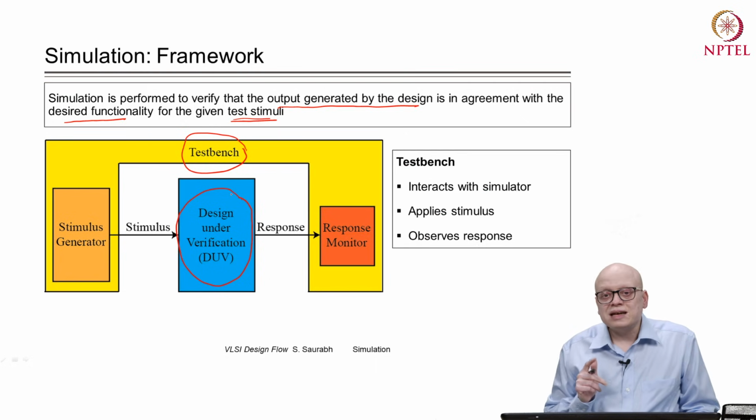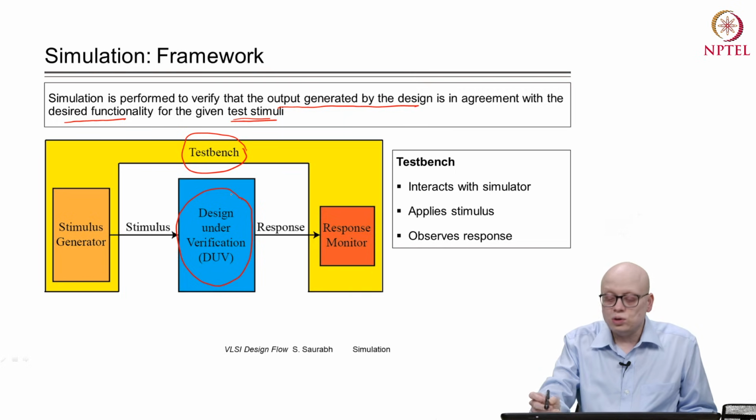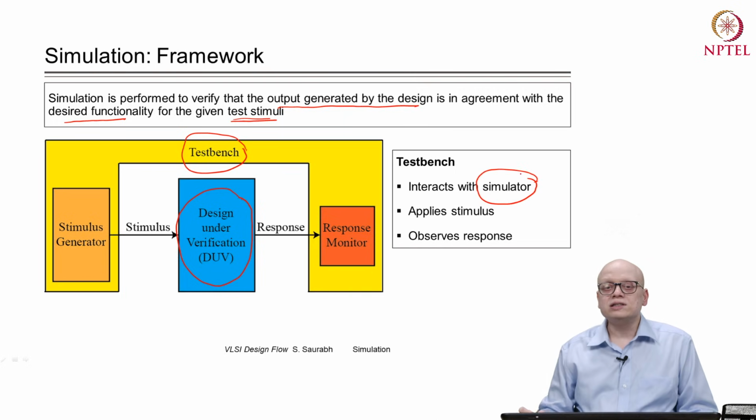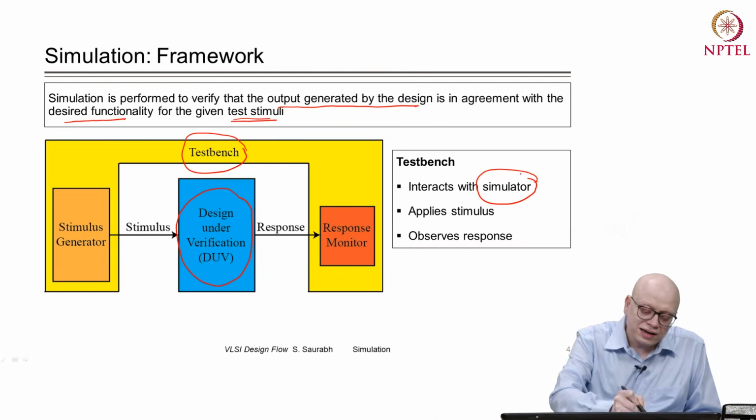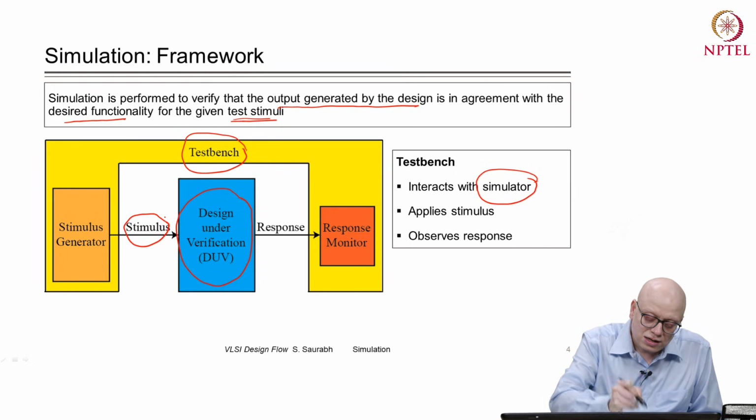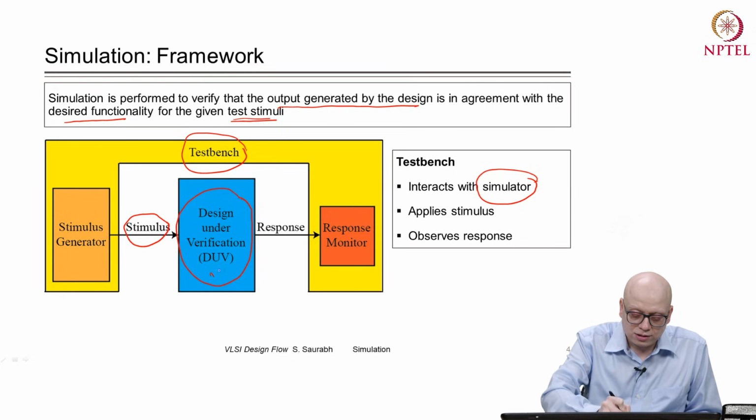The test bench actually interacts with a tool which is known as simulator. Now, what does a simulator do? Simulator basically computes mathematically that given any stimulus and a hardware model, what will be its response.